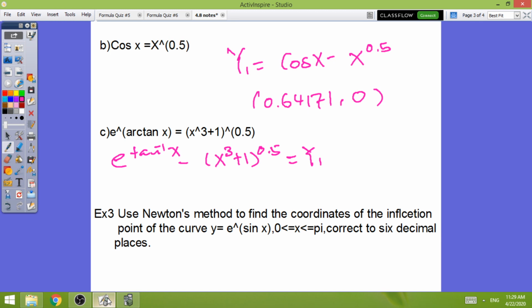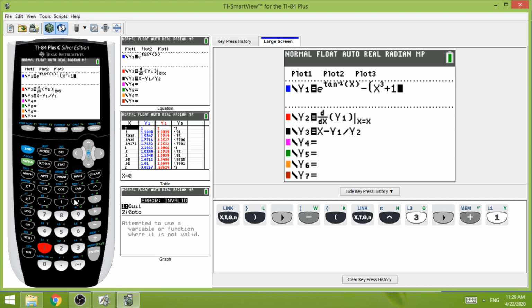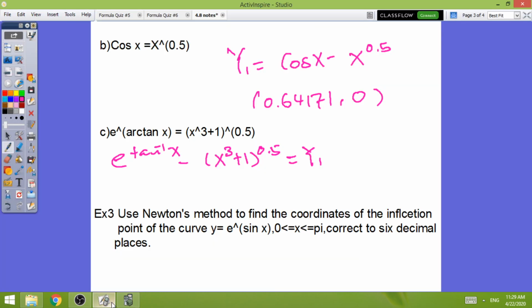Minus the quantity of x to the power of 3 plus 1 to the power of 0.5. That's a lot of stuff right there. Making sure that I plug in everything correctly. That's right.